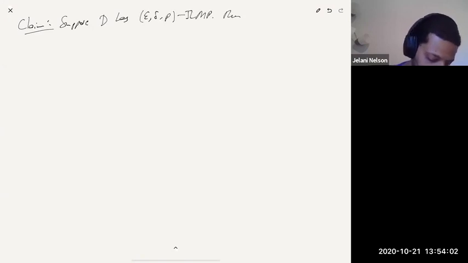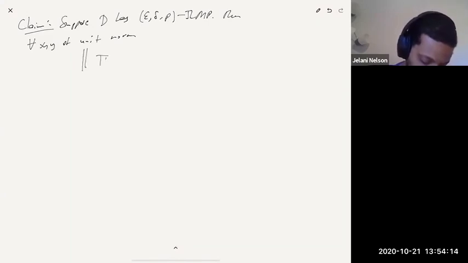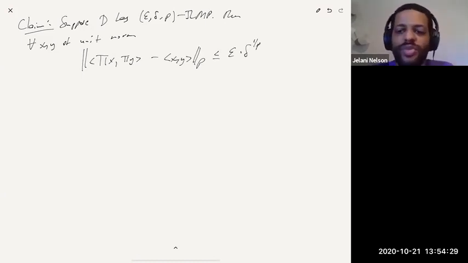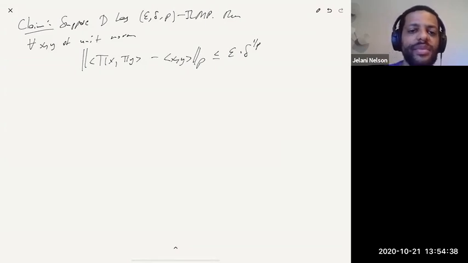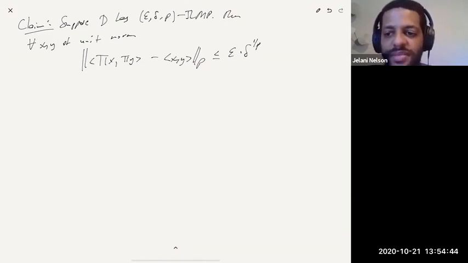Then for all x, y of unit norm, if you look at the dot product, pi x dotted with pi y minus x dotted with y, the p norm of that is going to be at most epsilon times delta to the 1 over p. Remember, the p norm is the pth moment raised to the 1 over pth power. So if you raise both sides to the pth power, the pth moment of this difference in dot products is also bounded by epsilon to the p times delta.